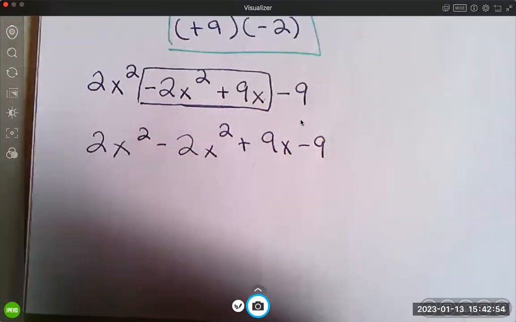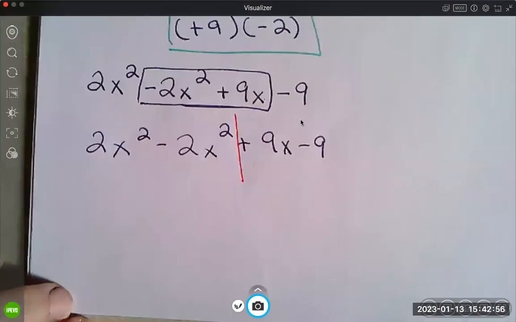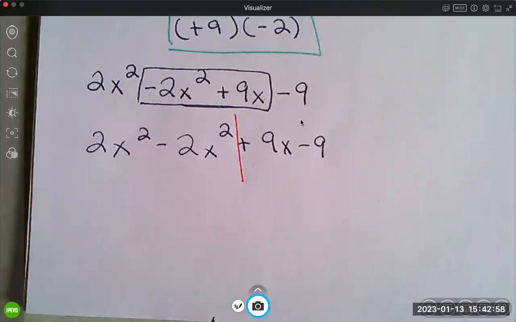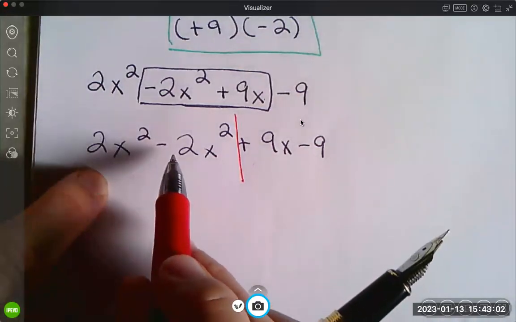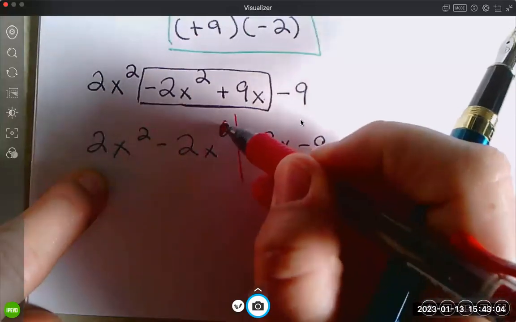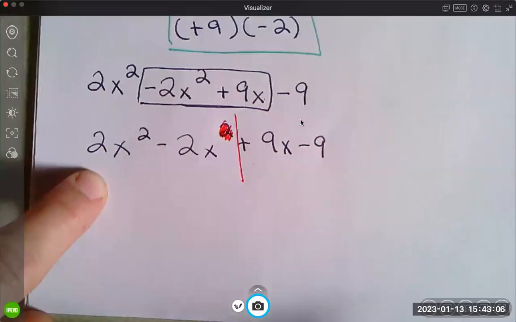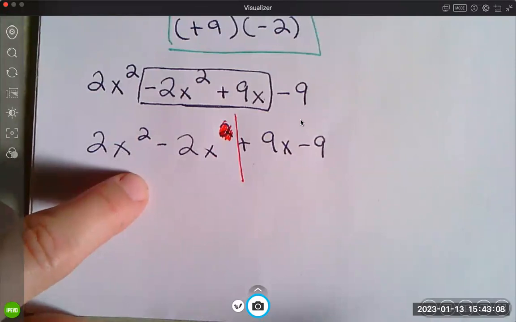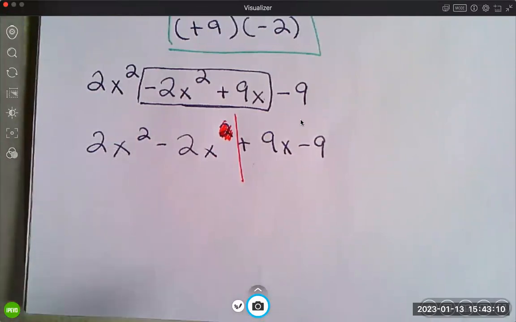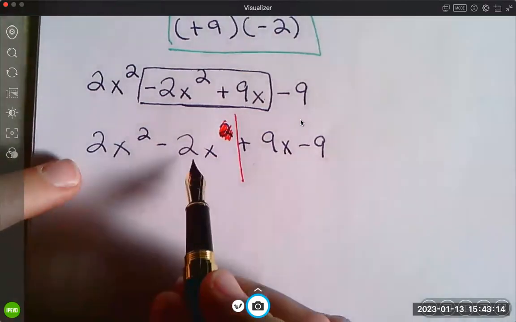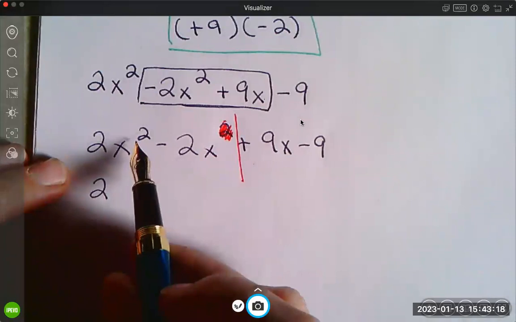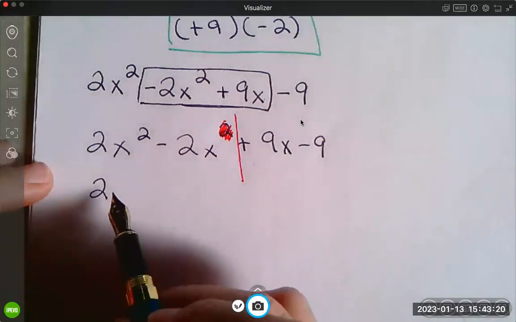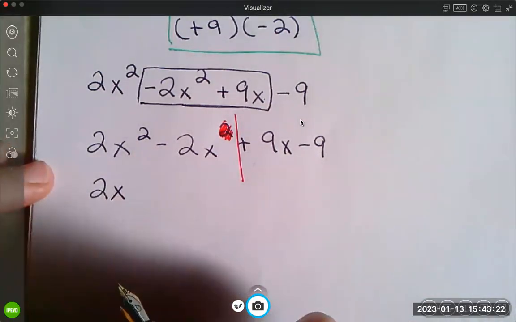Okay, then I just split left and right, and I'm going to factor the left first. I'm looking at 2x squared and negative 2x, and I'm going to determine the greatest common factor. We'll first look at the coefficients, 2 and 2, the greatest common factor is 2, and then x squared and x, the greatest common factor is x.